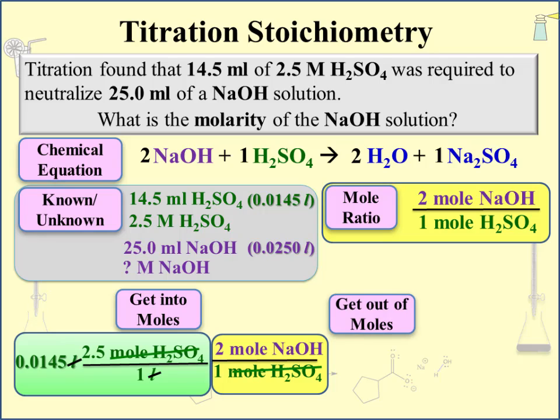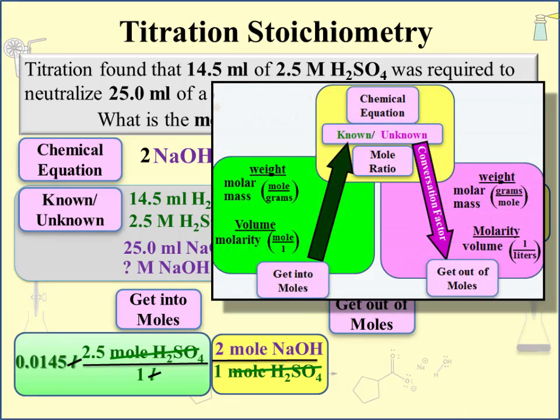Molarity is. What converts moles of a substance into the concentration of molarity? Returning to the graphical representation and looking at the get out of mole side, molarity is obtained when moles are divided by volume. Multiplying by 1 over volume is the same thing.